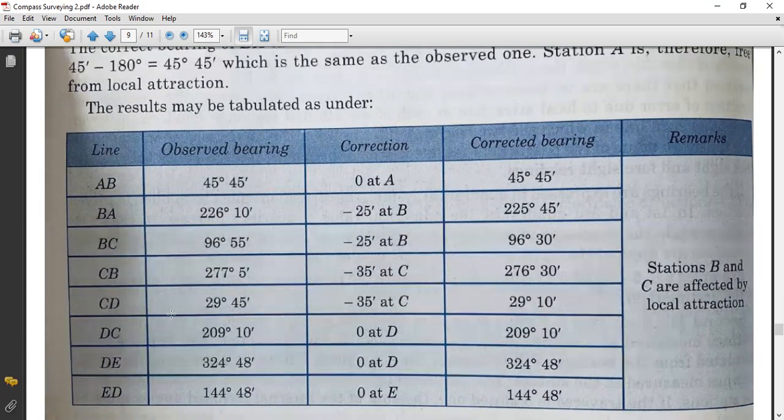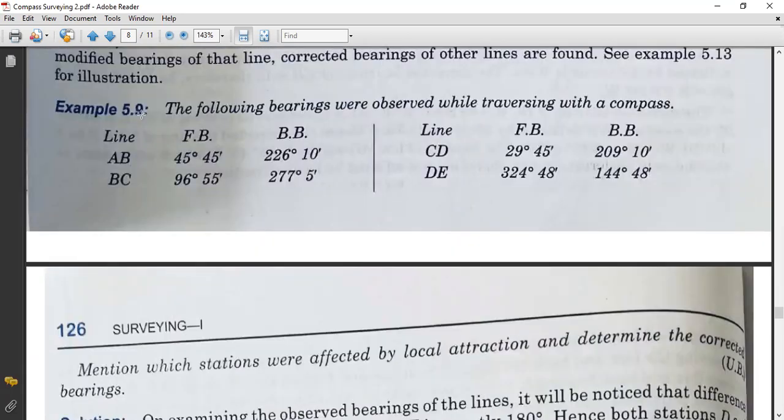Out of all these, go on deducting fore bearing and back bearing. First, I'll take 226 degrees 10 minutes of line AB minus 45 degrees 45 minutes. It will not give you 180 degrees. Next, 277 degrees 5 minutes minus 96 degrees 55 minutes. This will give you a difference of 180 degrees. You can check.